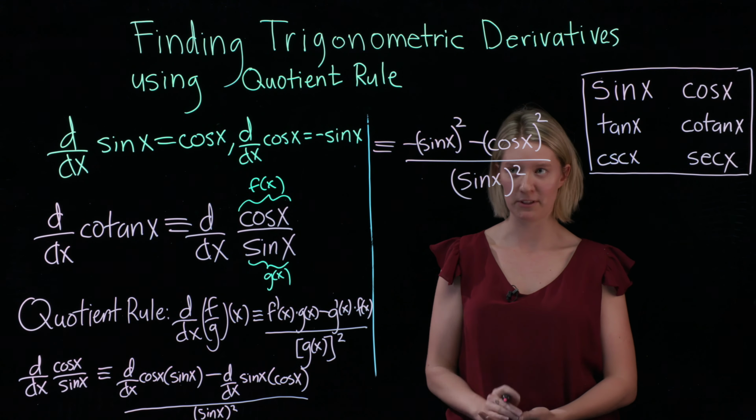So at this point, I can see the similarities between this, and I tell myself, okay, is there a way that I can incorporate this identity into my numerator so that I can have something that is more simplified? And in fact, if I pull out a negative here, I would be left with sine squared plus cosine squared.